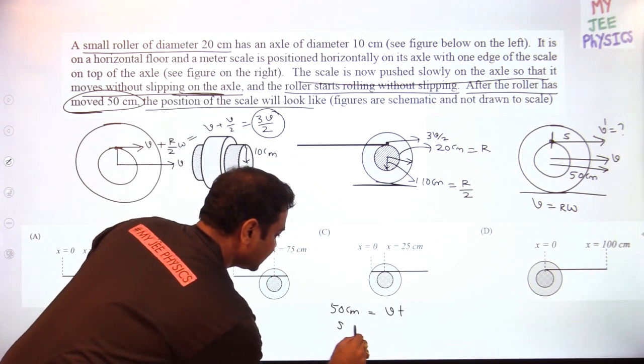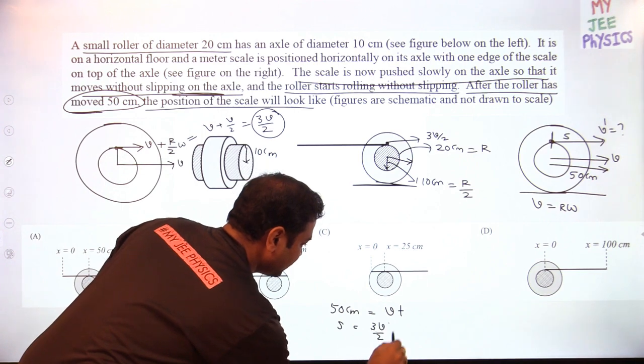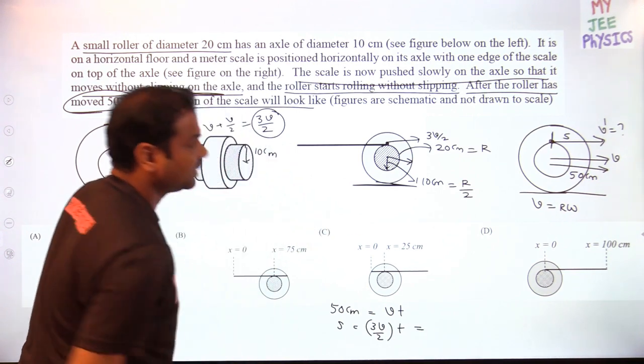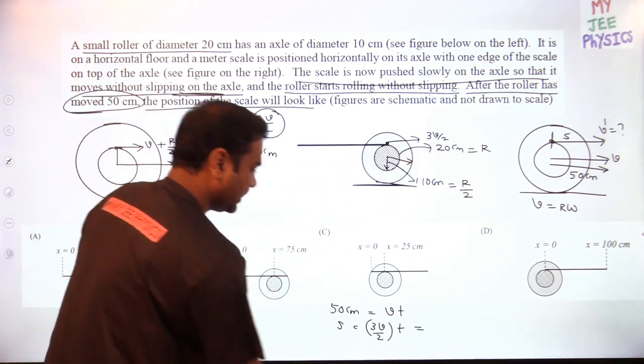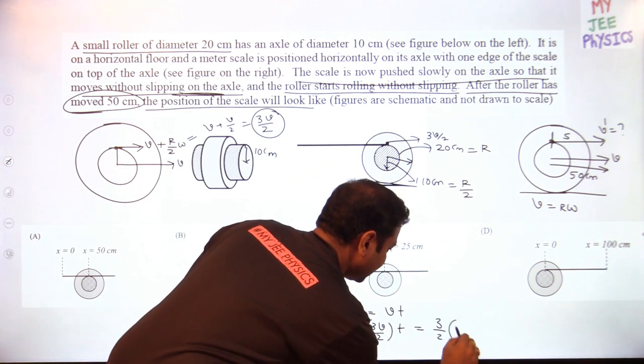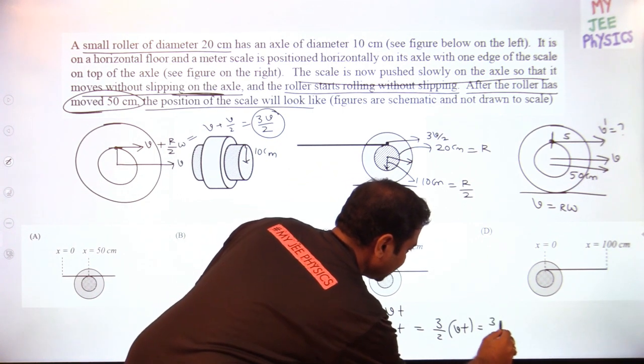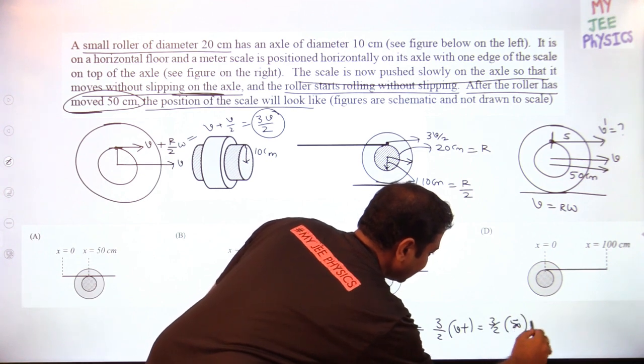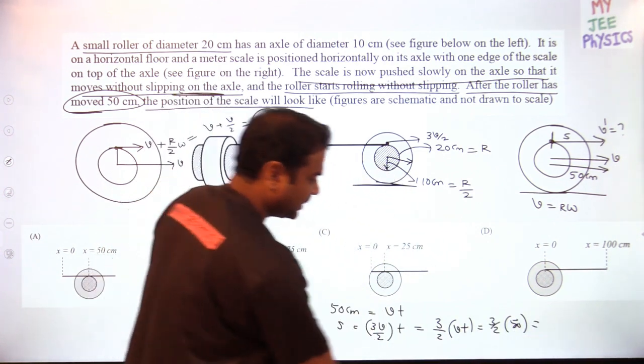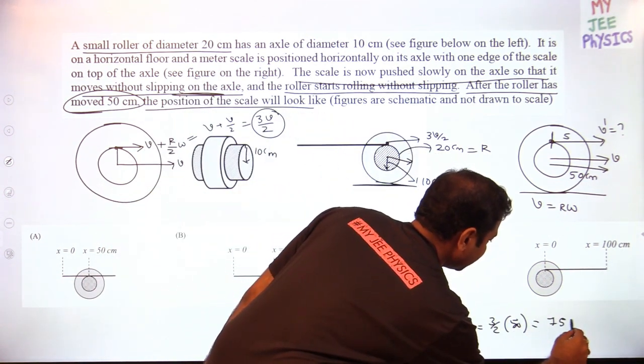Then the distance traveled by the scale is 3v by 2 into t, so 3 by 2 into vt, so 3 by 2 into 50, which is nothing but 50 by 2, 25 into 3, 75 centimeter.